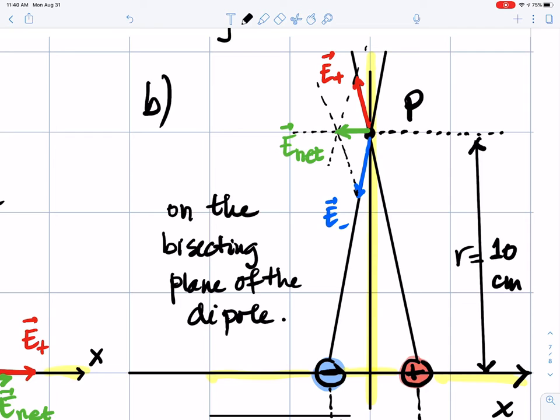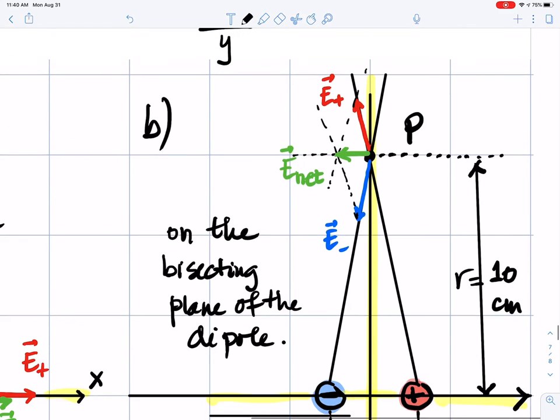Remember, for a positive charge the electric field goes outward, represented here by the red vector E plus, along the line between the charge and point P. For the negative charge it goes inward, represented here by the blue vector. Then you get an E net, and because these are equal, you will see an E net parallel to the x-axis.